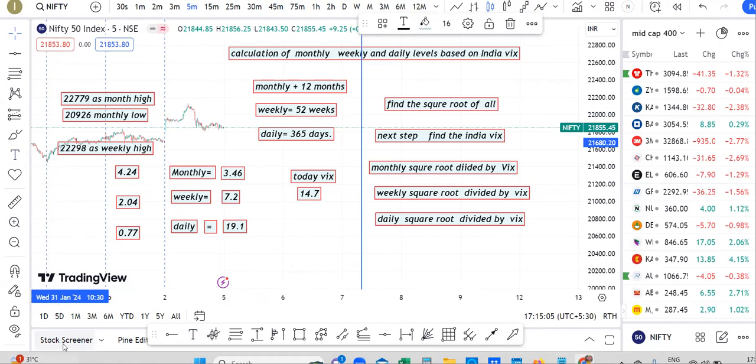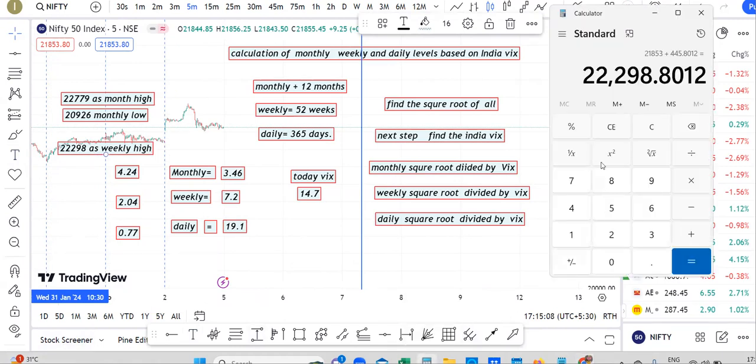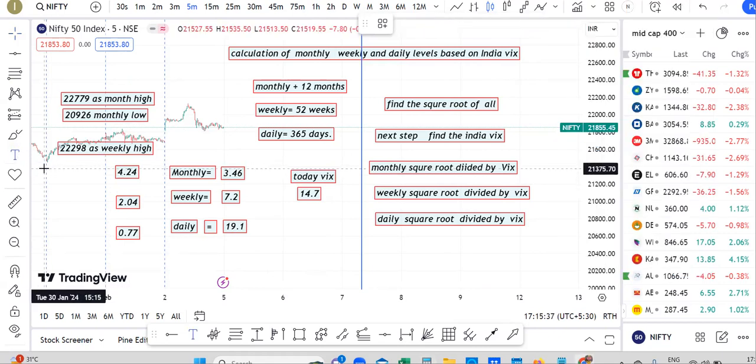Now I'll go back to the calculator and do the same thing. 21,853 minus, I have to minus to get the low value, 2.04. I'm clicking on the percentage to get the percentage value. So it is minusing 445, is equal to, I'm getting 21,407. 21,407 as weekly low.